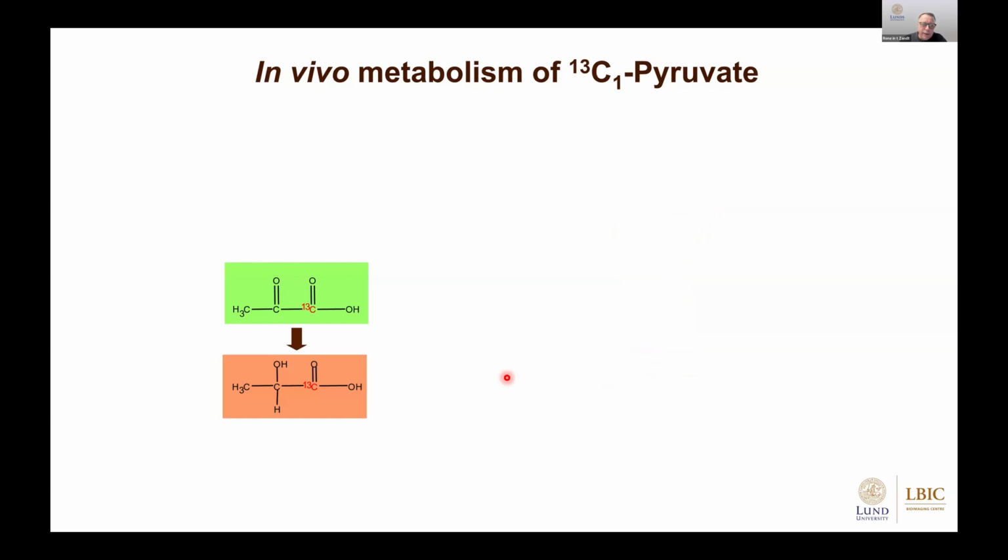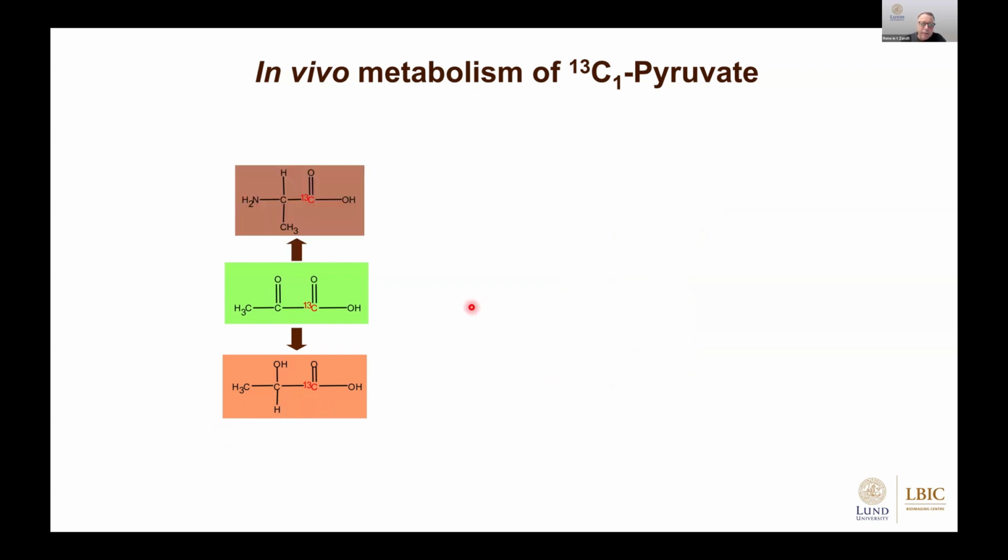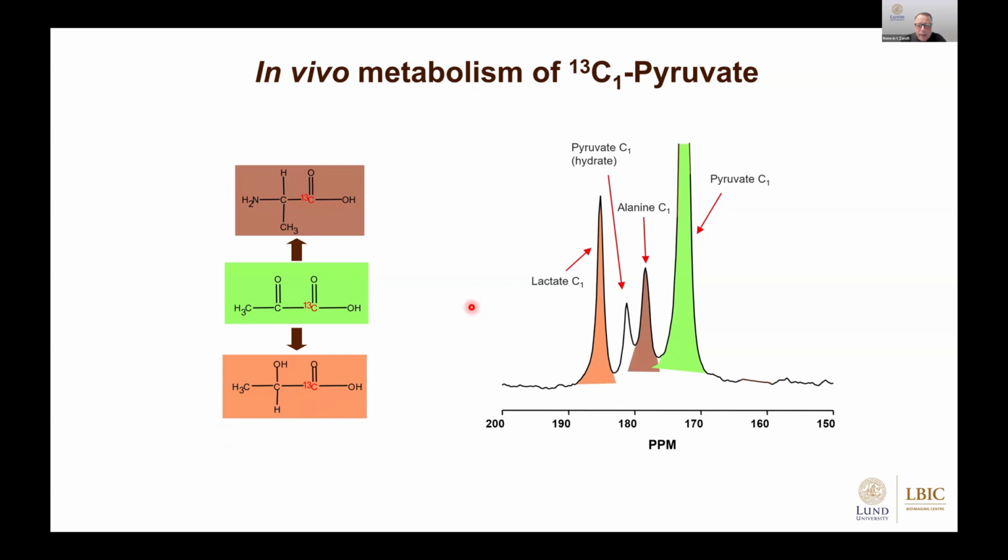If this pyruvate is transferred into lactate, you see the carboxyl group is still the same, but due to this change in structure next to the carbon-13, its frequency in the MR shifts a bit. So the lactate has this unique position in the MR spectrum over here. The same thing we can do for alanine, and we'll end up somewhere in the middle.